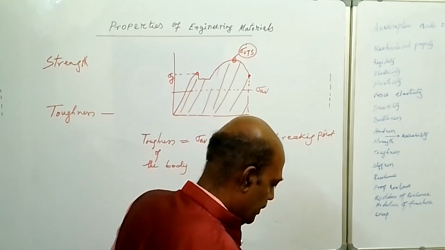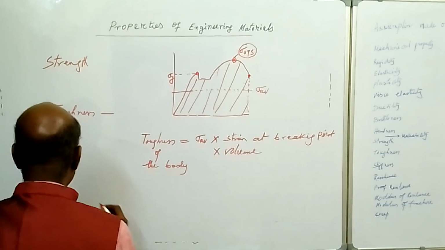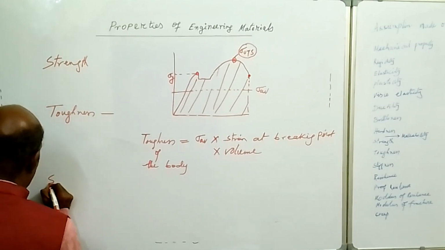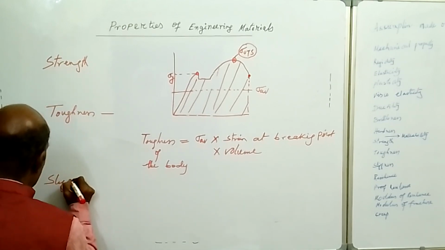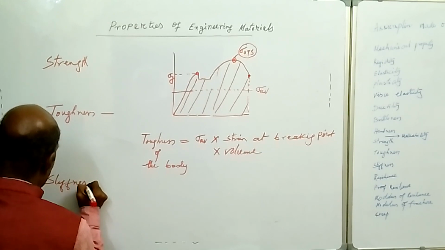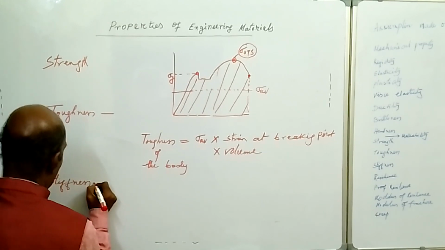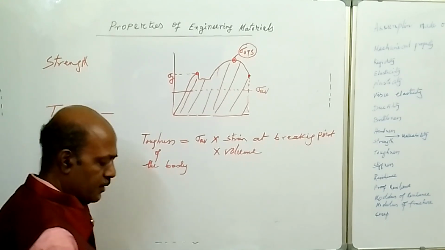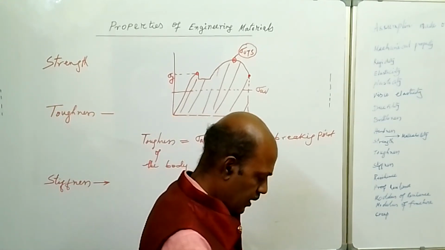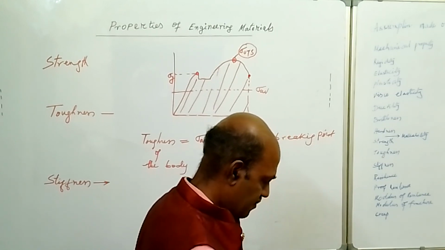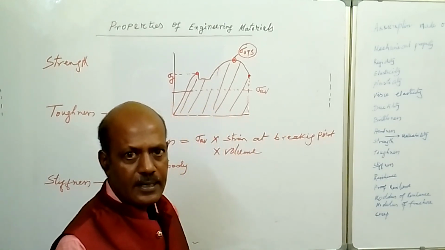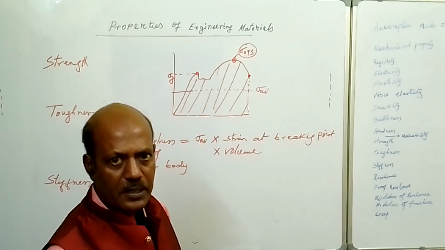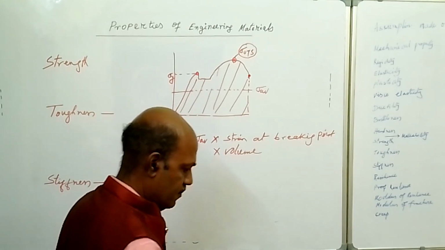Okay, next we will see another property, that is called stiffness. So, what is stiffness? This term is mostly used in springs. This is defined as the load required per unit deflection.